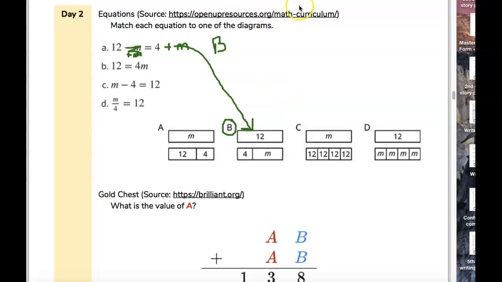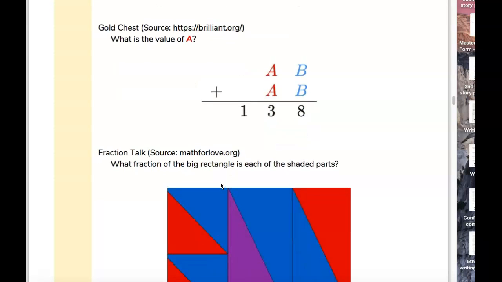All right, let's move down to the gold chest. Let me get rid of this so that I can move my screen. Okay, gold chest, what is the value of A? The tricky part here is to look at the value of A. Value and digits are two different things.